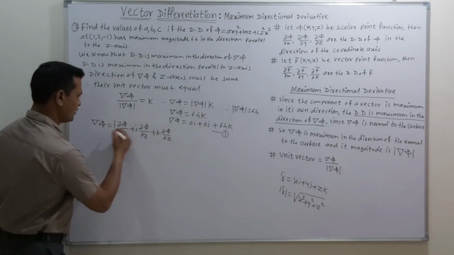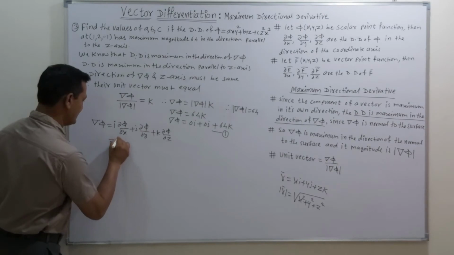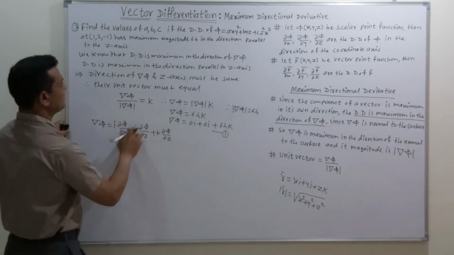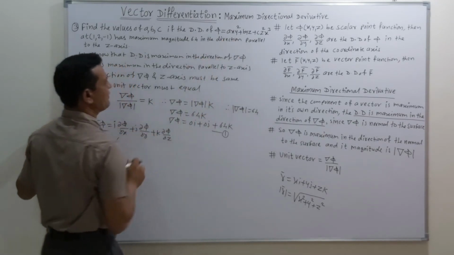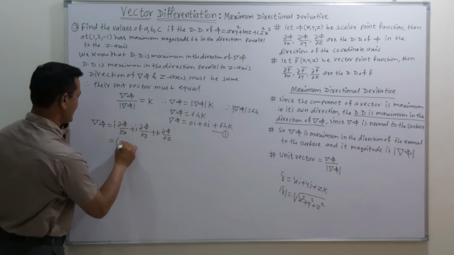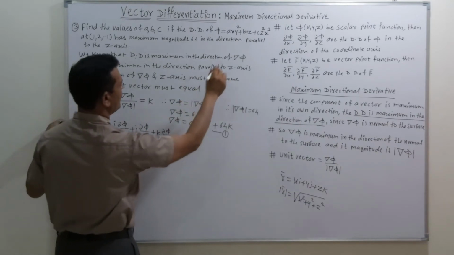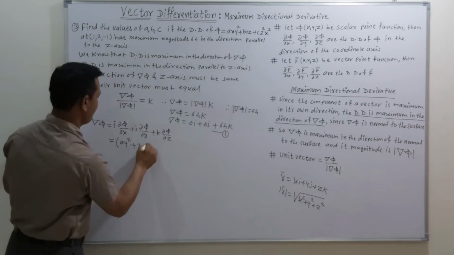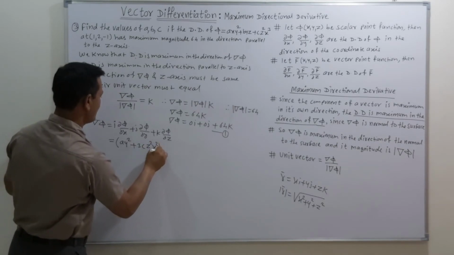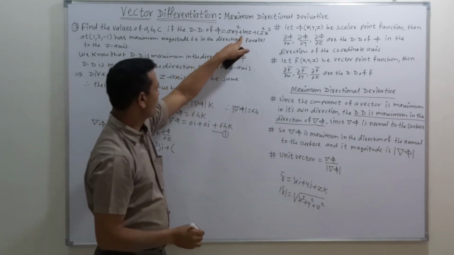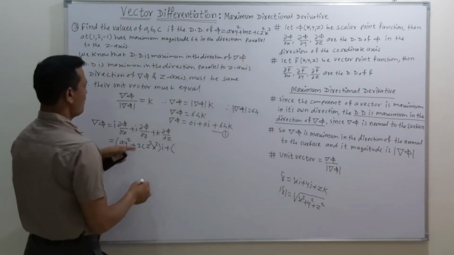Now friends, let's find the partial derivatives of this term. Partial derivative of phi with respect to x, where y and z are constant, gives a y square plus 3c z square x square, into i. Again take the partial derivative with respect to y.